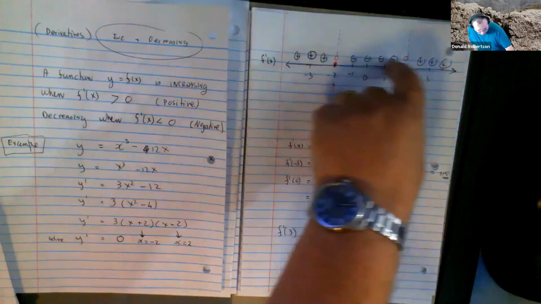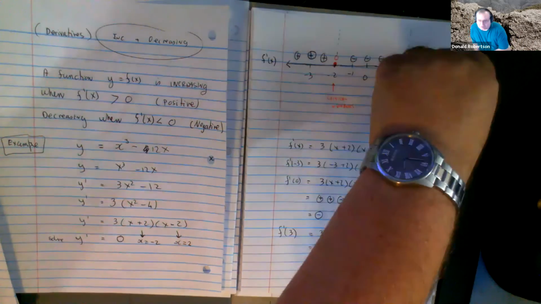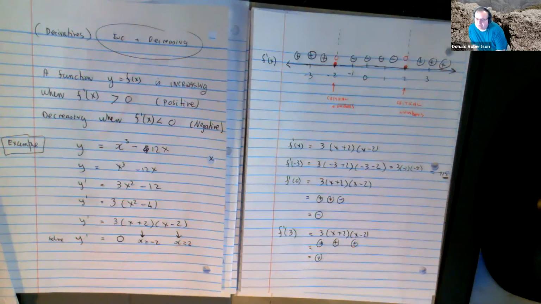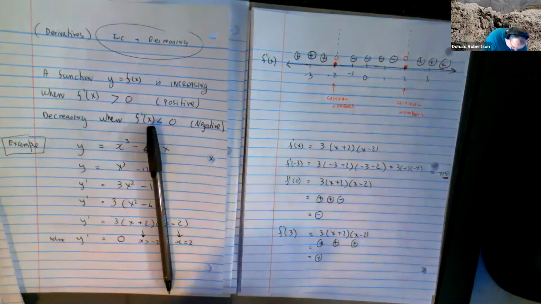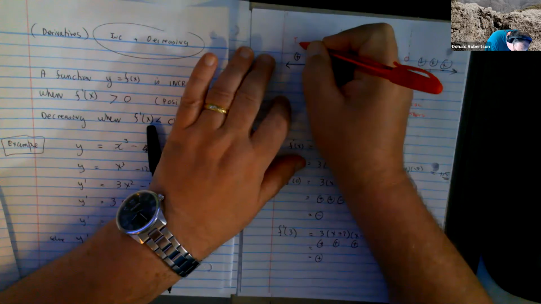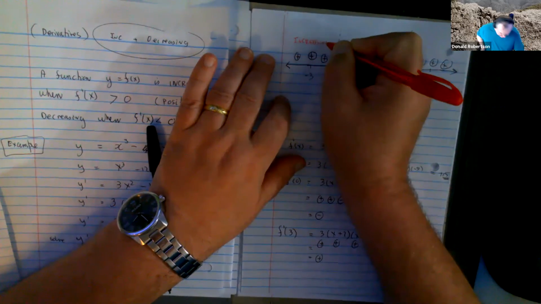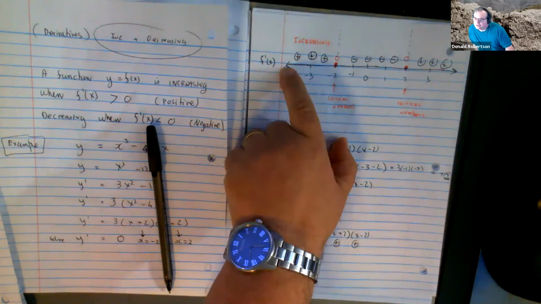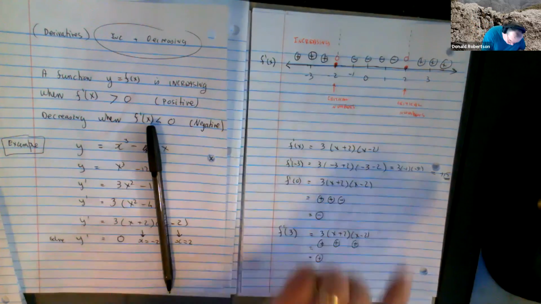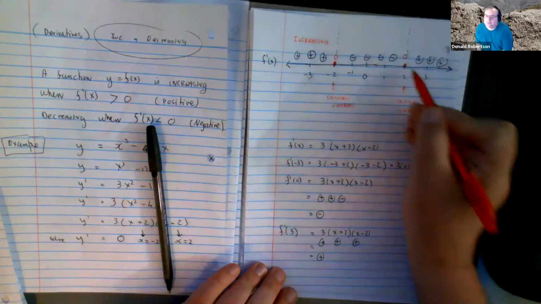This number line with all the pluses and minuses in it is pretty much everything I need to know now. For instance, isn't the function increasing in this interval? Why do I know that? Because the derivative is positive. What's it doing between -2 and +2?